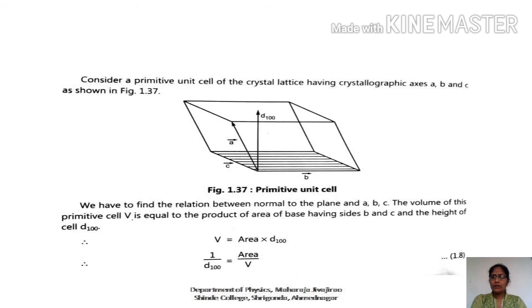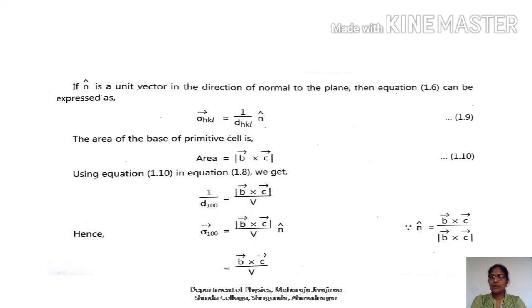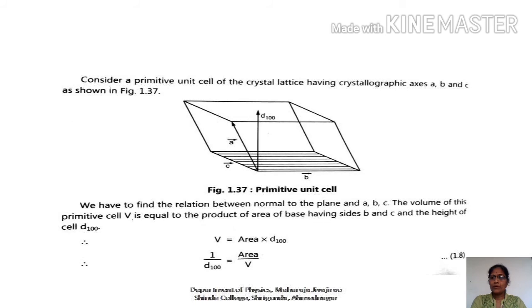Now, here if we consider the base of primitive unit cell, then its sides are b bar and c bar. Therefore, the area becomes b bar cross c bar. Mod of b bar cross c bar is the area of the base of primitive unit cell. Now, in this formula 1.8, 1 upon d for 100 plane is equal to area upon volume.